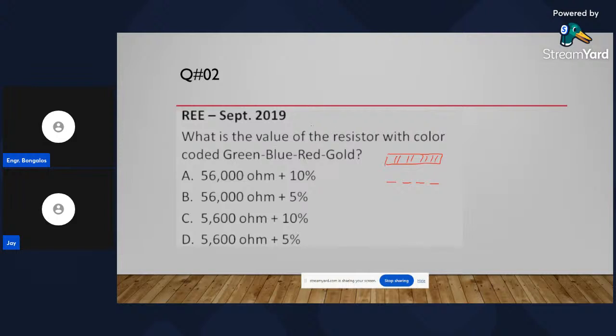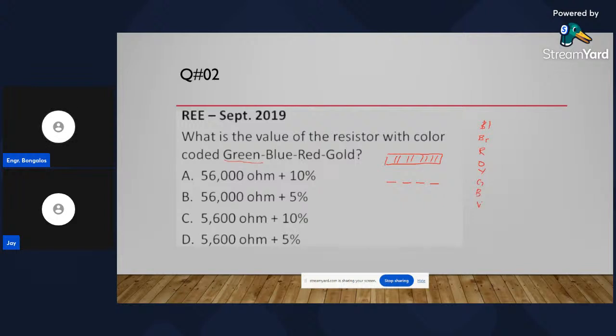So first color natin green. So anong number yung green? Sige nga, try nga natin. Black, brown, Roy, G, Viv.